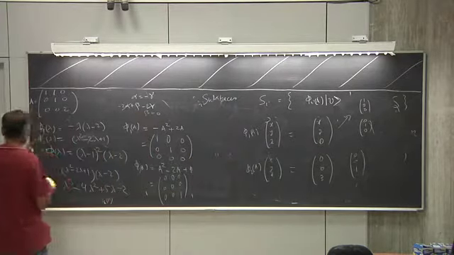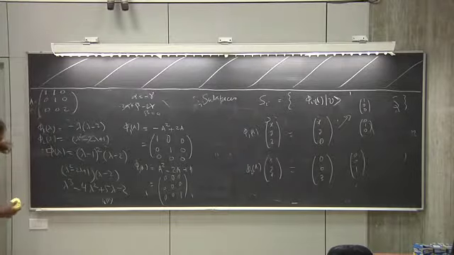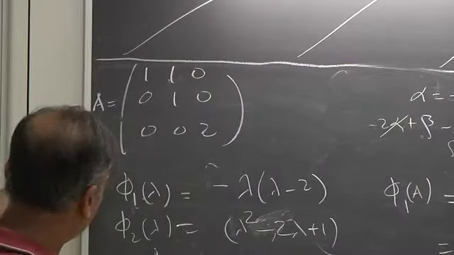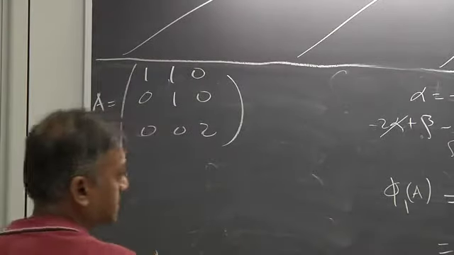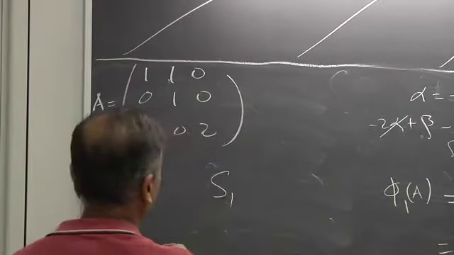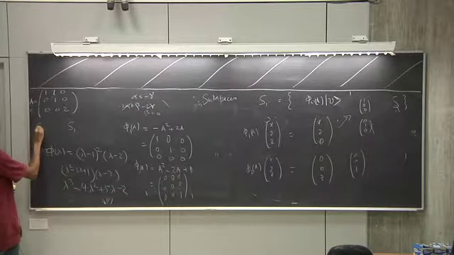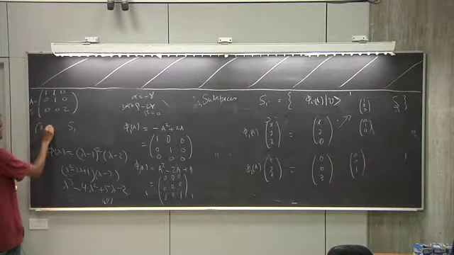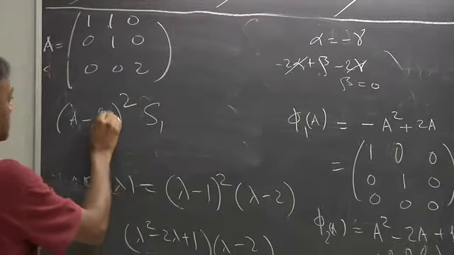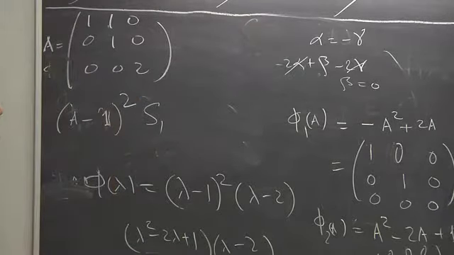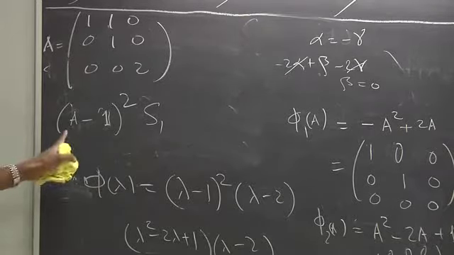So I want to prove that the subspace S1 satisfies the equation: a minus lambda 1, where lambda 1 is 1, squared should annihilate it, because this should be a generalized eigenvector.